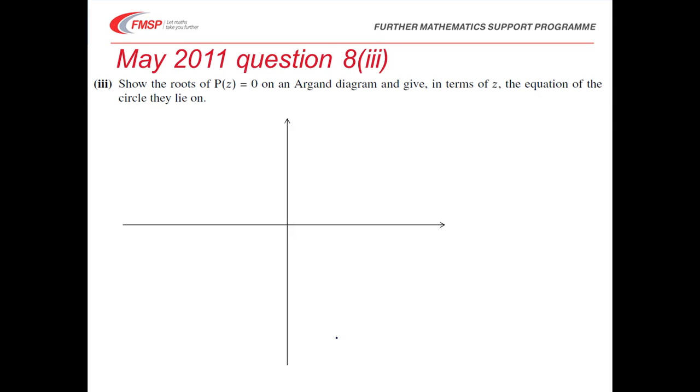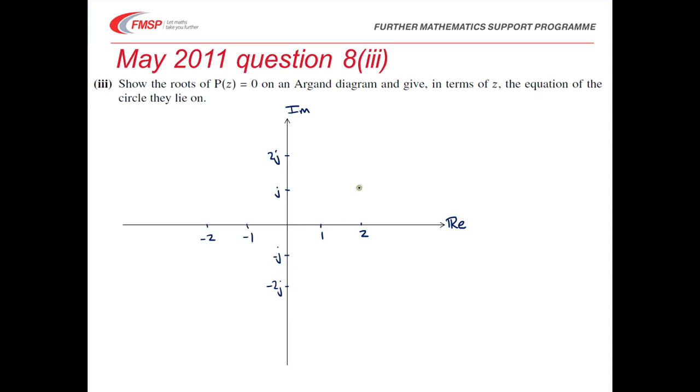We've then got to mark these roots on an Argand diagram. So we've got 1 and 2 on our real axis, minus 1, minus 2, and then j and 2j on our imaginary axis, minus j, minus 2j.